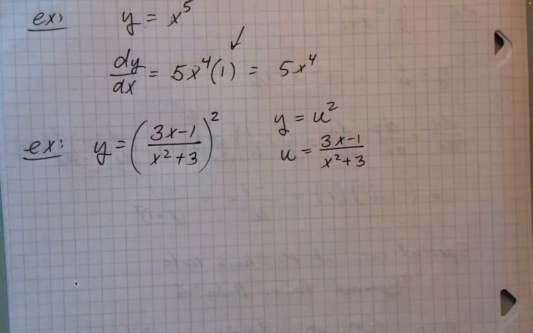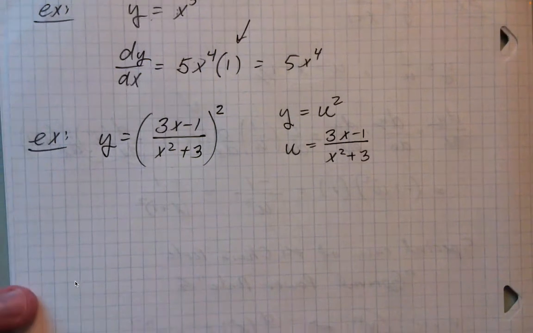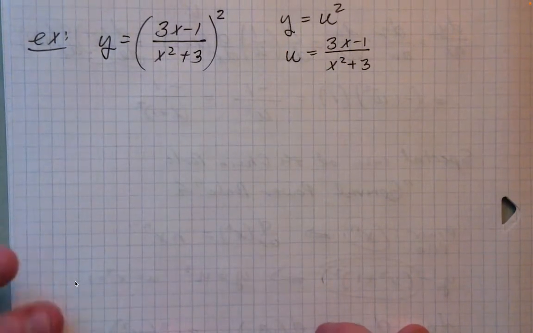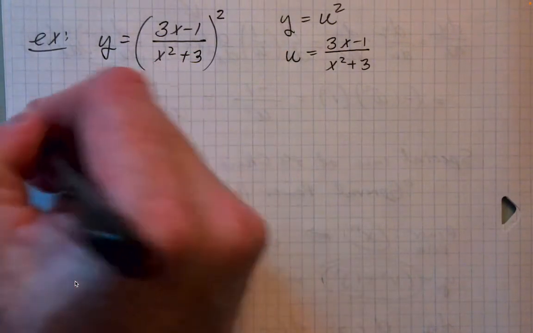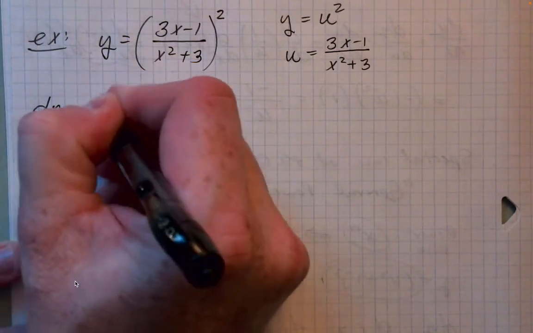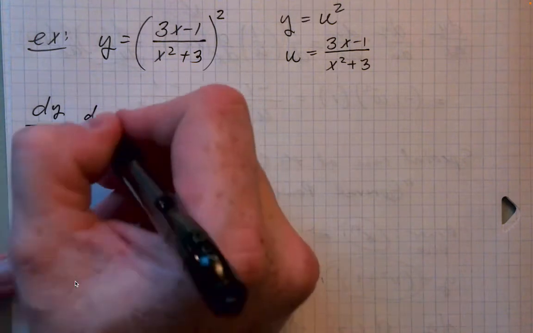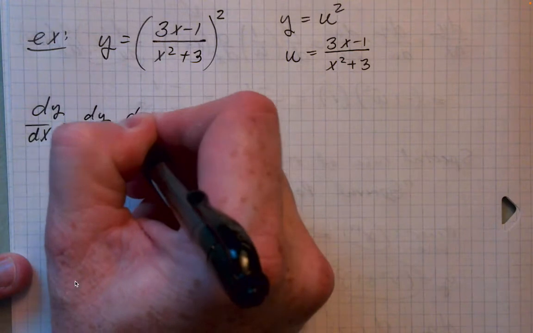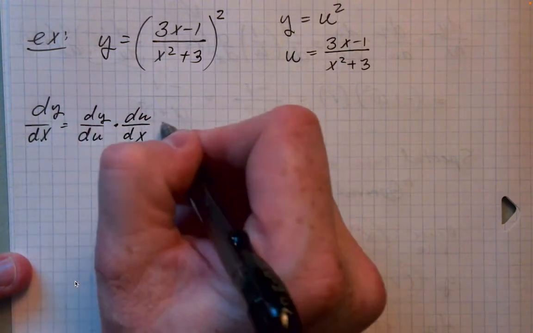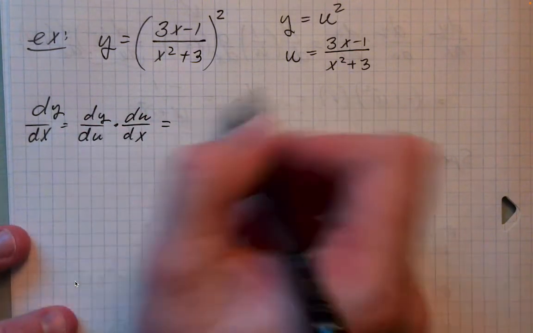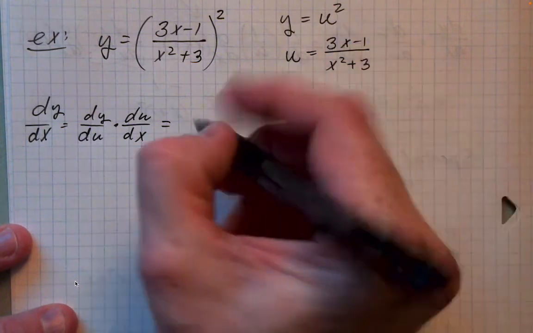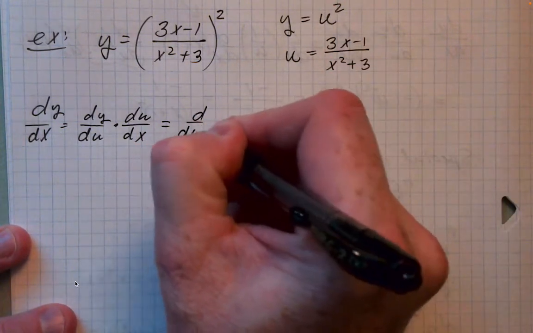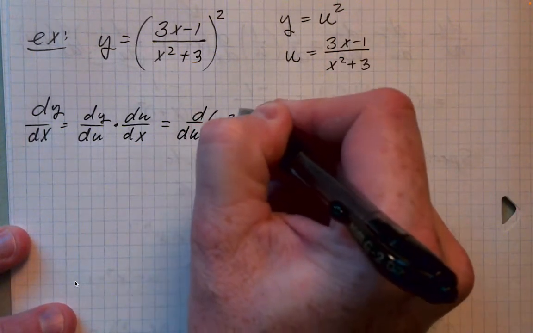Okay. So let's set this up using the chain rule. We won't take any of the derivatives yet. We'll just set it up for now. So then dy dx, and just to refresh our memories, is going to be equal to dy over du times du over dx. Okay, now y in this case is just u squared, so this would be d du of u squared.